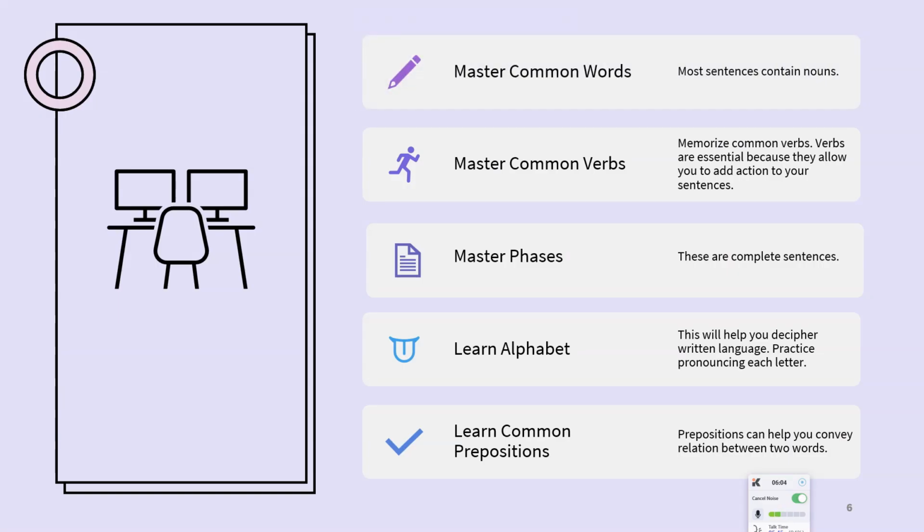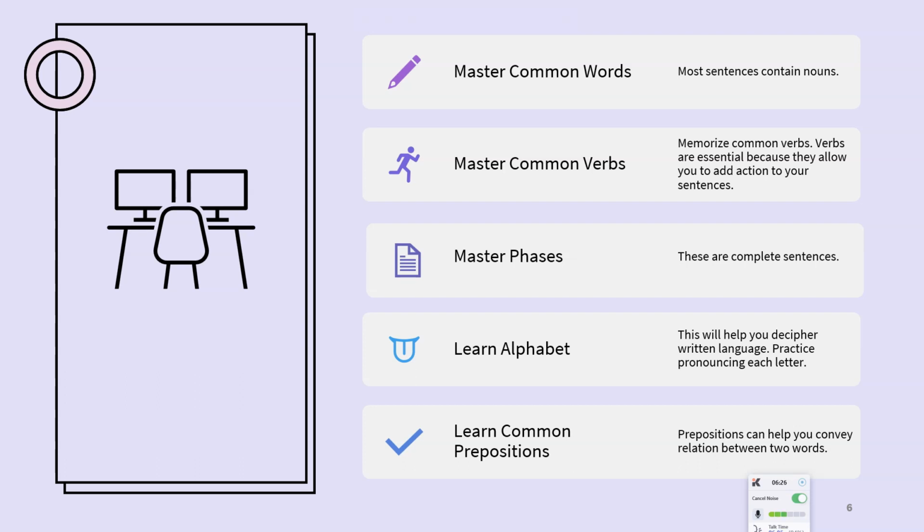We talked about these. Most sentences contain nouns. They're literally important to a sentence. So if you know a lot of common words, it will help you create a lot of sentences. It makes sense, right? And then master common verbs. Memorize common verbs. It's so important.